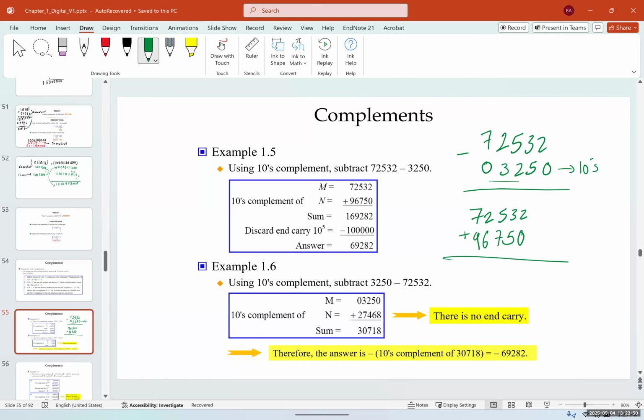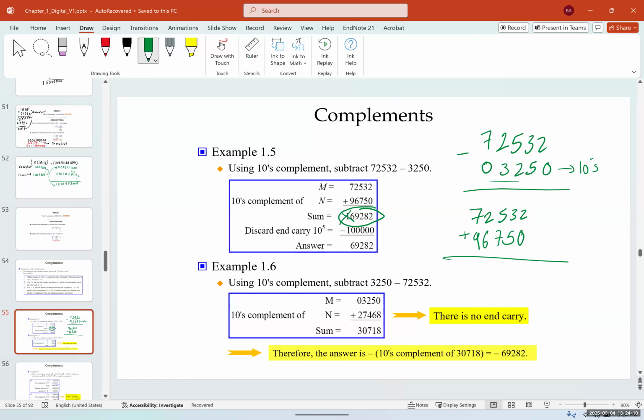So 72,532 plus 96,750. The result would be 169,282. So as you can see, we have added two 5-digit numbers and the result is a 6-digit number.